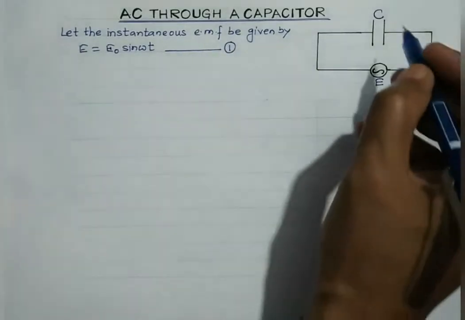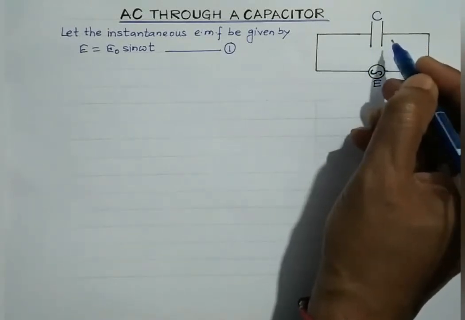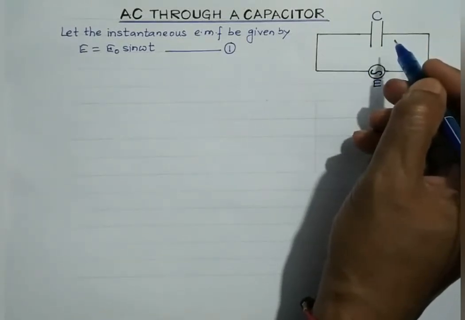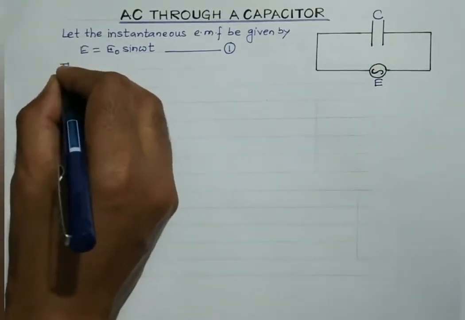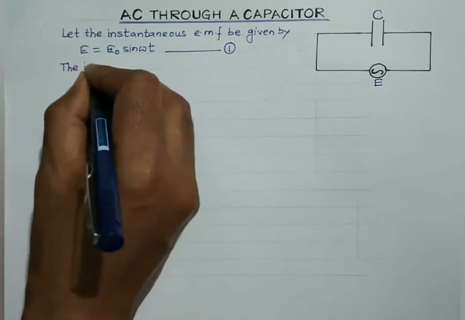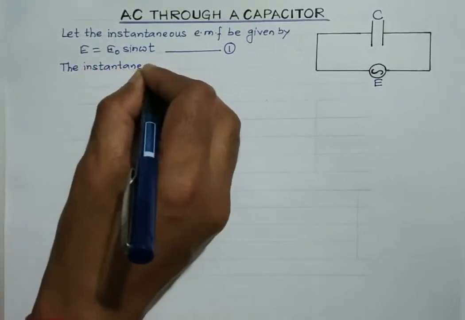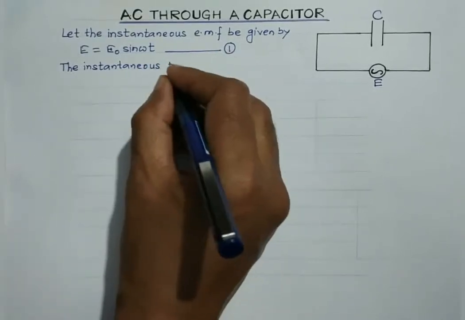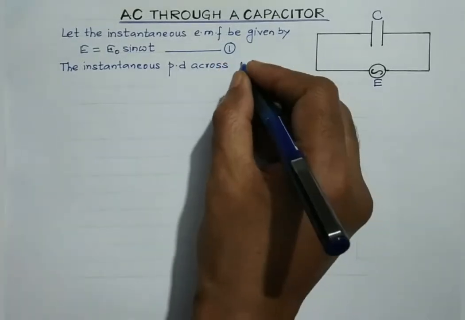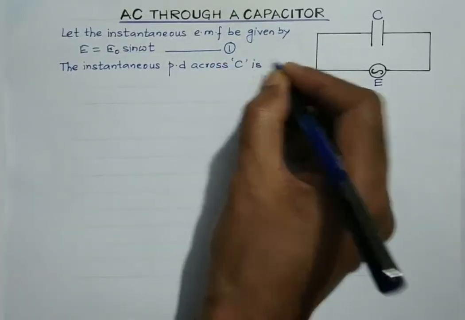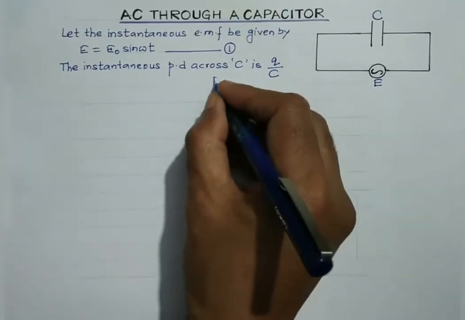Now students, the instantaneous potential difference across the capacitor is, we are aware of the formula Q equals to CV. So V would be equal to Q by C. So the instantaneous PD, that is the potential difference across the capacitor, is Q by C. We are aware of this formula, isn't it?